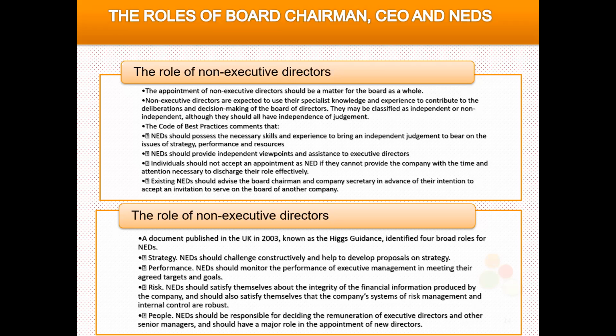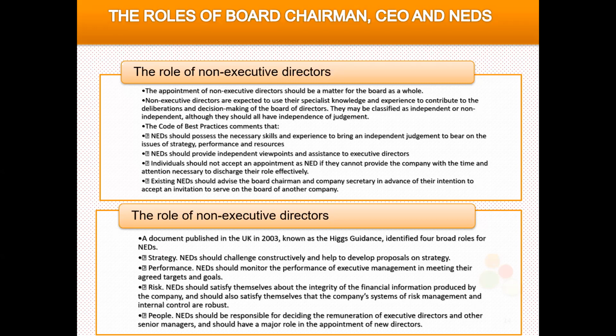NEDs should provide independent viewpoints and assistance to executive directors. Individuals should not accept an appointment as NED if they cannot provide the time. We've already talked about these things.